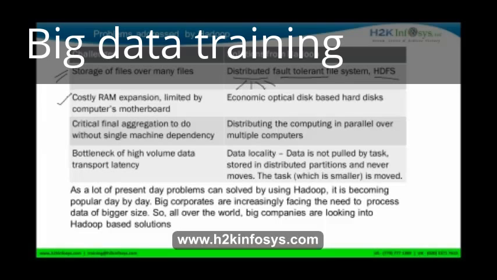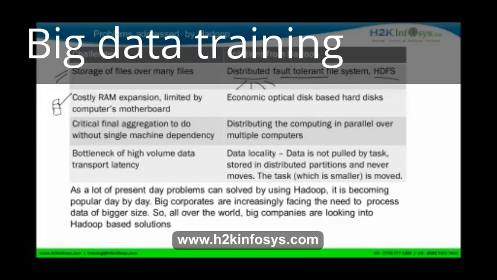Second one. When we were trying to store the incoming data, what we were trying to do in the traditional system was add memory upon memory and try to make our computers more powerful so that they could store the incoming data.